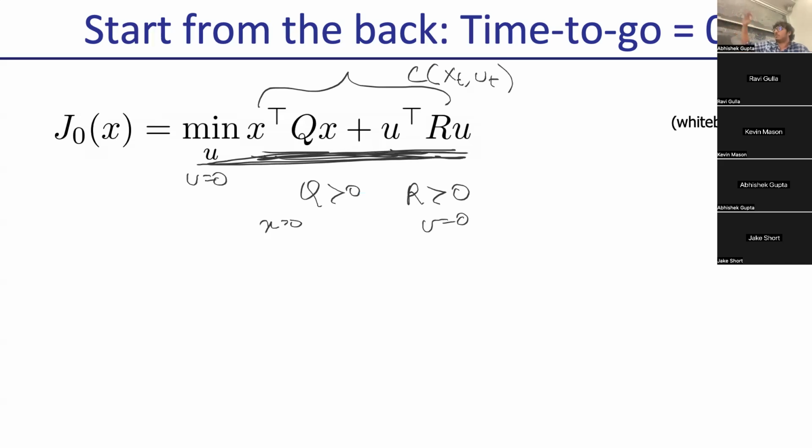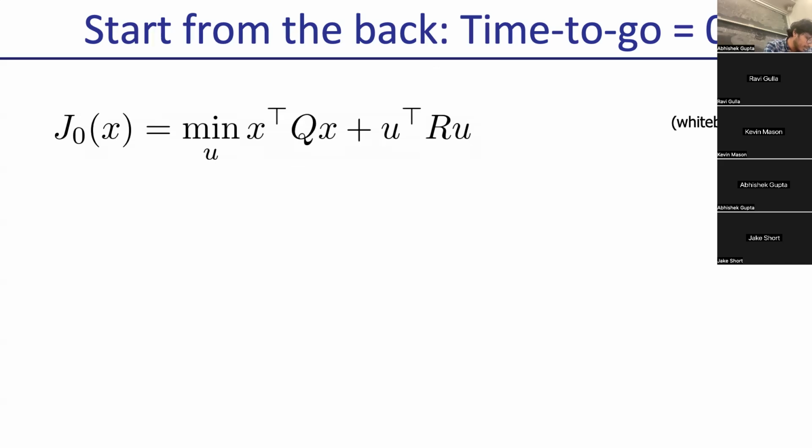If you're at X, the best thing you can do is apply no action. And intuitively, this makes sense because it's like, I'm at X, I can't do anything, I might as well not apply any controls. So the trick here is that the solution is at U equal to 0, which means this whole thing will reduce to X transpose QX.